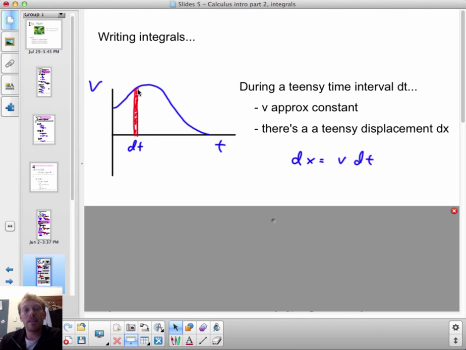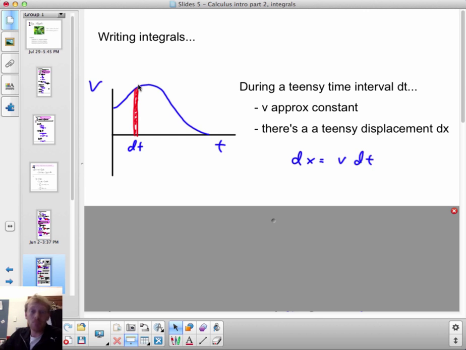If we approximate that the velocity is approximately constant during this time interval, then it is indeed a rectangle as opposed to a trapezoid or anything like that. That is this red region. The red region represents the teensy displacement, and the area of this teensy rectangle is based on the approximation that we've taken a small enough elapsed time that the velocity doesn't change at all.